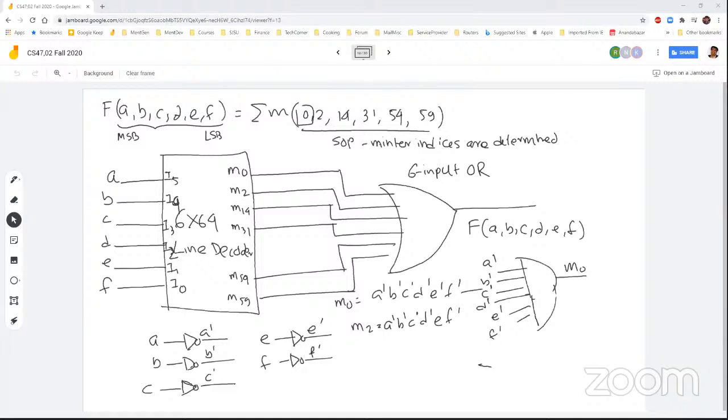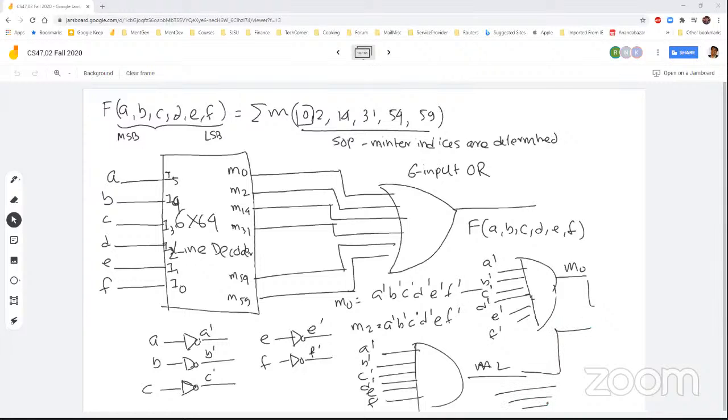For M2, we do a similar thing, a big giant AND with A bar, B bar, C bar, D bar, E, and F bar. This becomes your M2. You can derive these minterms accordingly, and OR them.